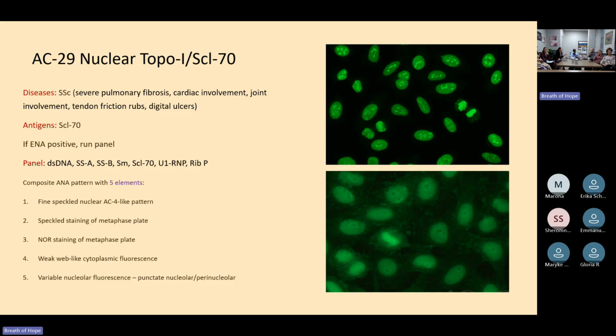It includes Scl70 because you want to see if the pattern is due to Scl70. If you find Scl70 to be negative in that situation, then you will say, oh no, this is not AC29, this is a mixed pattern. It's a homogeneous nuclear pattern plus a nucleolar pattern. So it can be quite a tricky business.